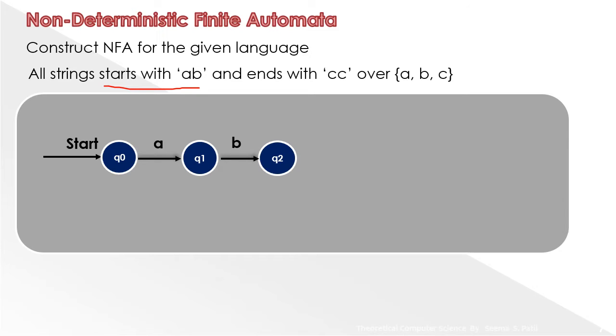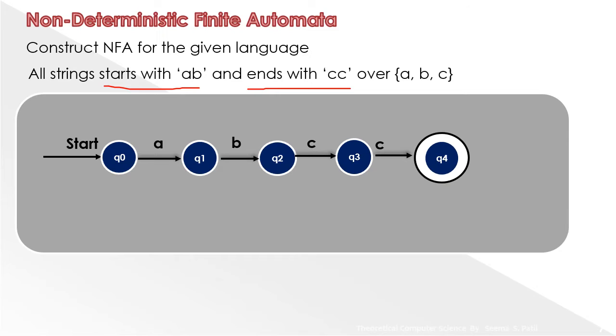You have to add q1 and q2 states. Next, the string should end with cc. So you have to add in this way q3 and q4 states along with c, c respectively.